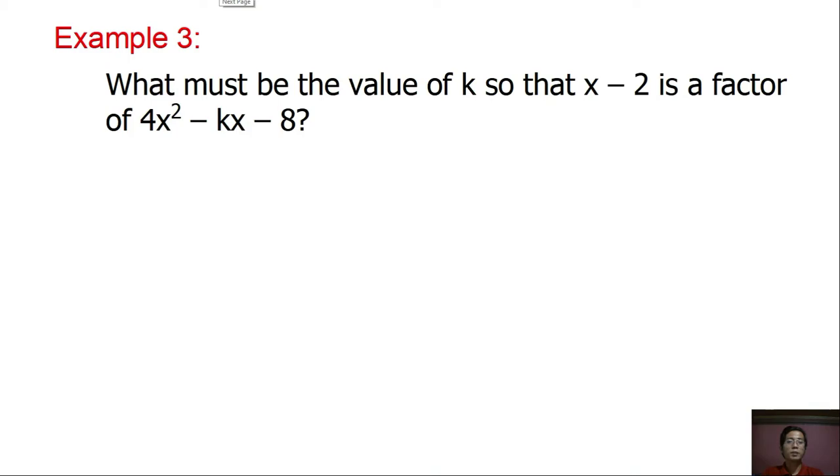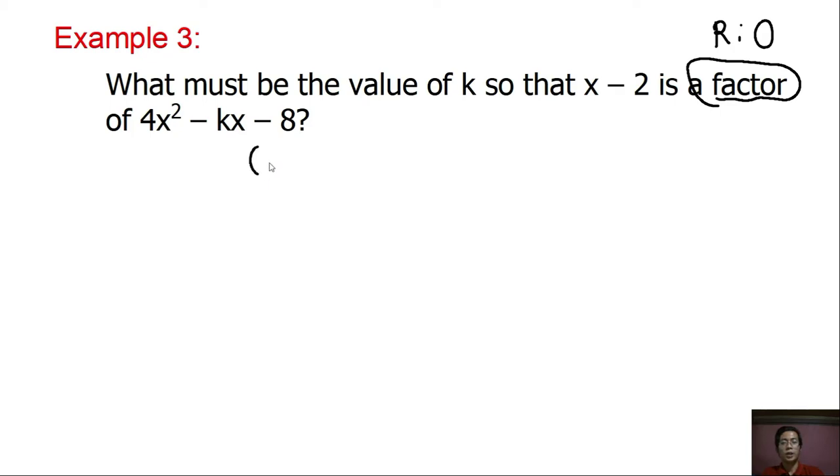What must be the value of k so that x minus 2 is a factor of 4x squared minus kx minus 8? So dito, factor daw si x minus 2. So kung siya po ay factor, that means ang remainder understood na 0. Ayan.